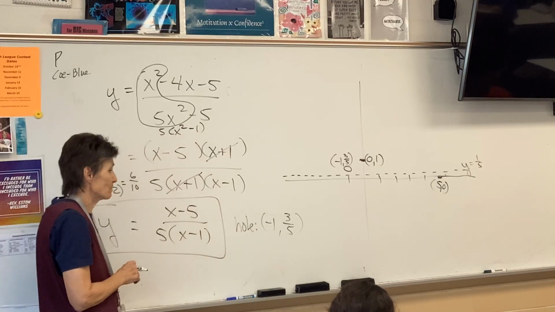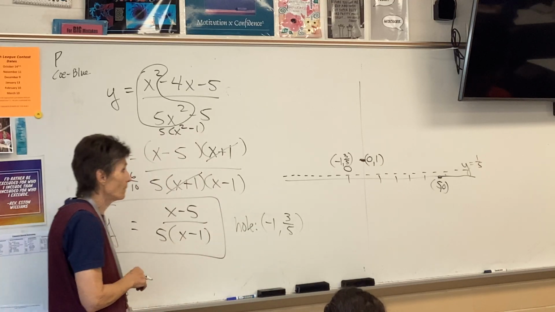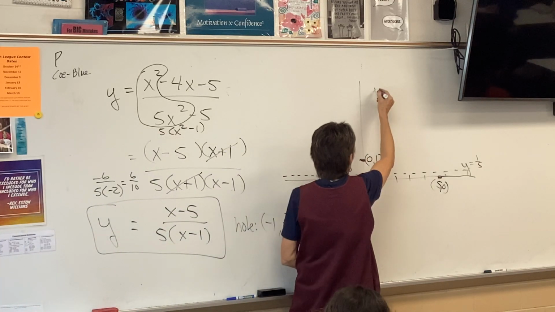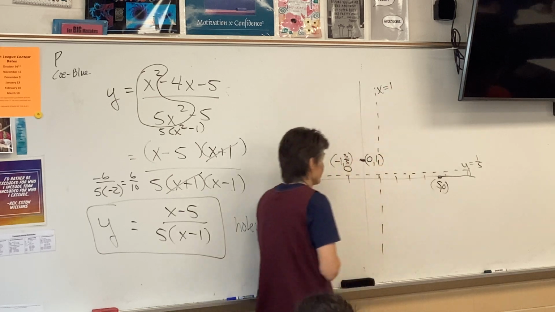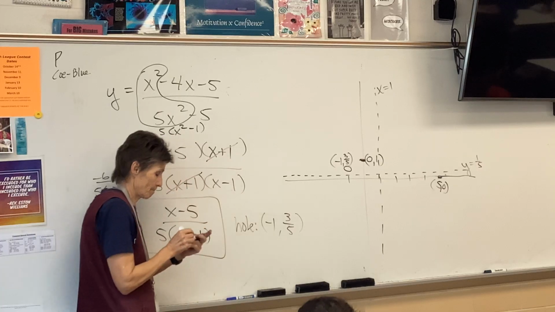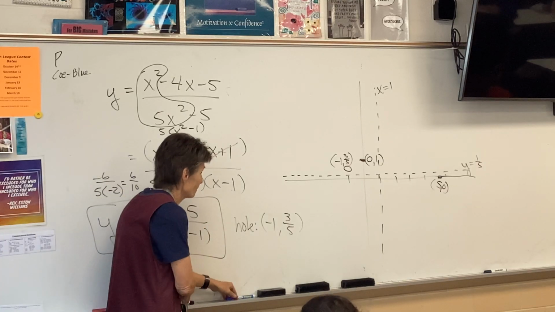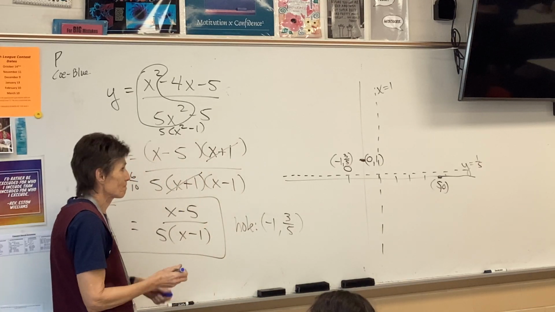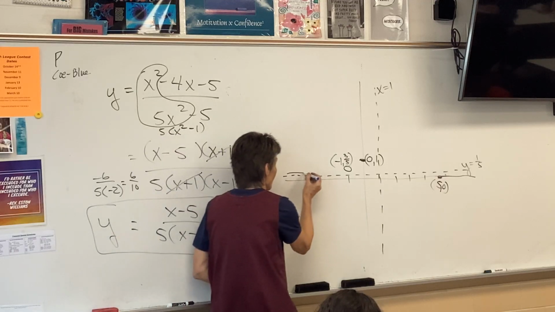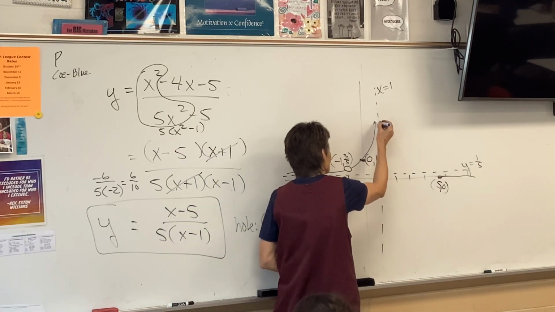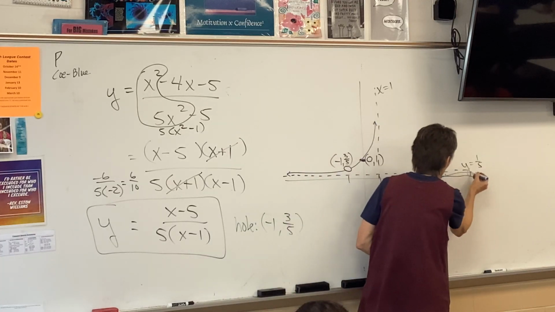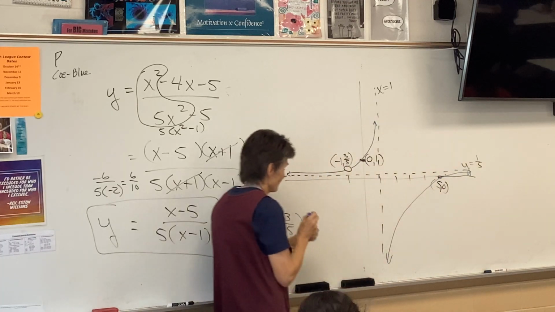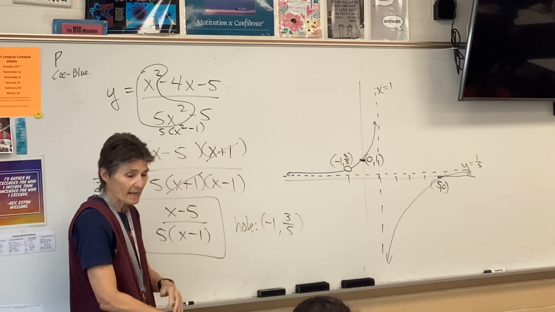Where's my vertical asymptote? 1. Not gonna be different. It's exactly what you've already seen. Can't you see that?